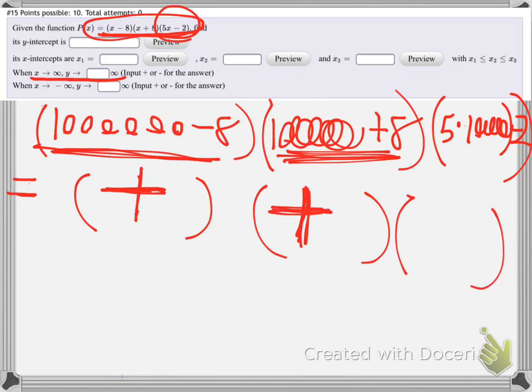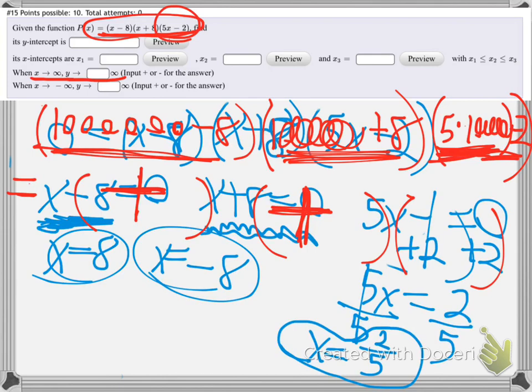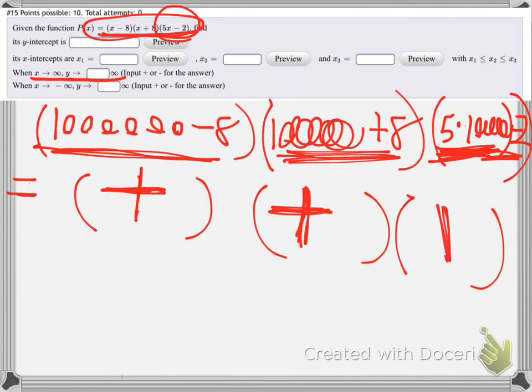And then even more than that, 5 times 1,000,000 is 5,000,000. Take away 2 is just almost 5,000,000. Still, it's 4,000,000 something, but it's positive. There's no reason for that to be negative that I can see. It's just 5,000,000 take away a little bit. That being the case, these are all positives. So positive times positive times positive is still a positive number.